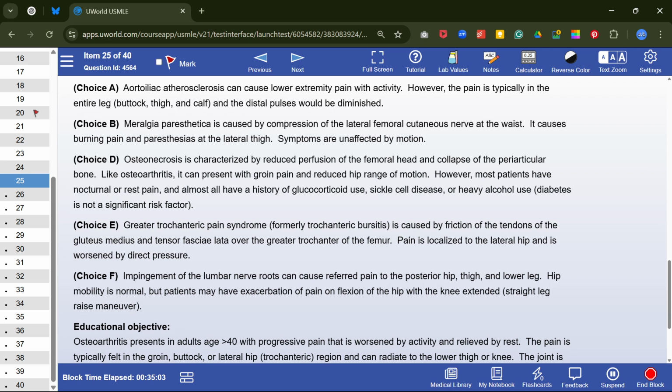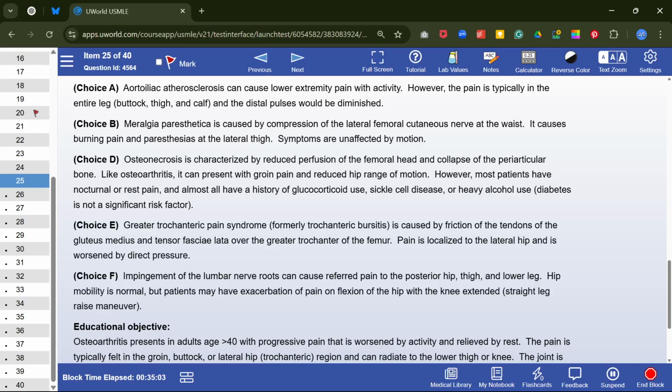Osteonecrosis is characterized by reduced perfusion of the femoral head and collapse of the periarticular bone, like osteoarthritis. It can present with groin pain and reduced hip range of motion.